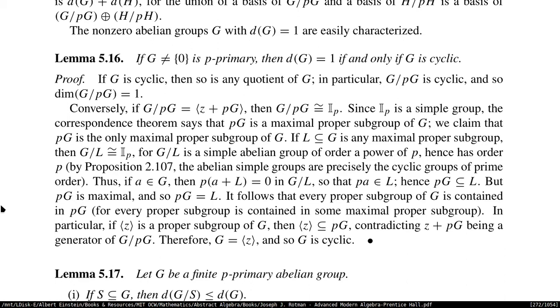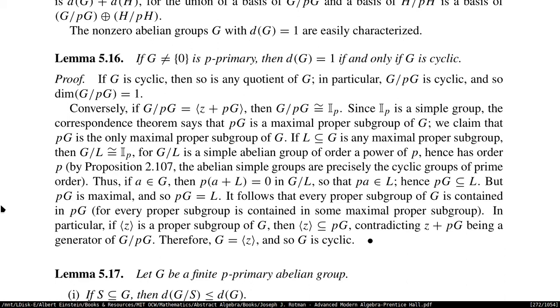Okay, well, I guess we'll have to take that for granted as of now. This is one of those that made sense when I was reading it. The big picture is that if G mod PG is one-dimensional as a vector space, then it's generated by something of the form Z plus PG. And then this great big paragraph is just arguing that that Z is actually a generator for all of G.